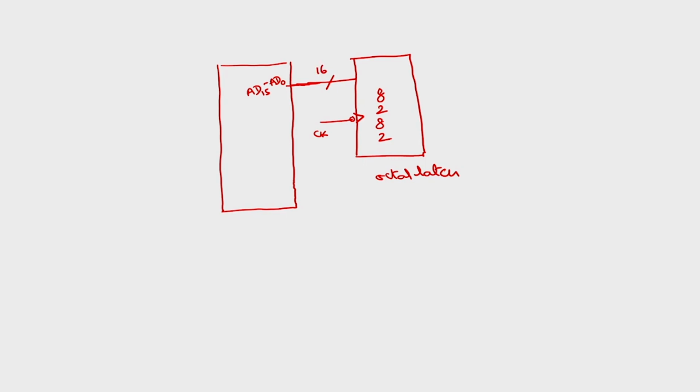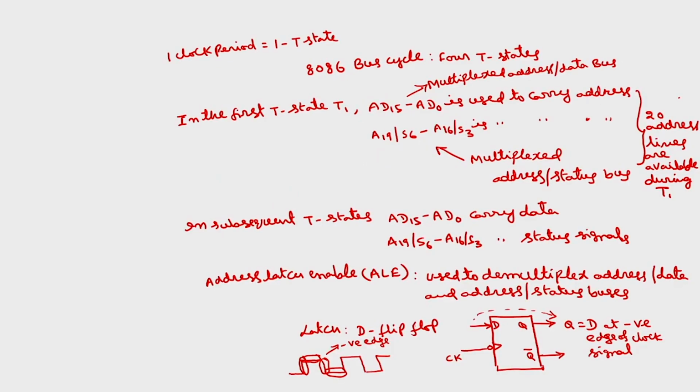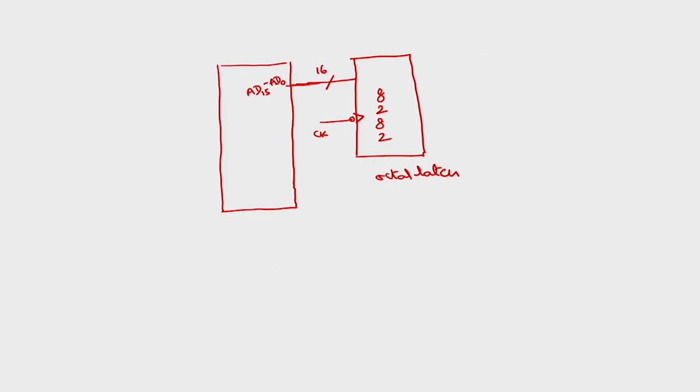Each line, AD0, will be connected to the D input of one latch, AD1 to the D input of the second latch, and so on. So there are 16 latches if I use two sets of 8282, meaning 16 D flip flops. AD0 to AD15 will be connected to the D inputs of all the latches. Similarly, if I use one more 8282, which has 8 latches, I will use 4 of them for the lines A19/S6 to A16/S3.